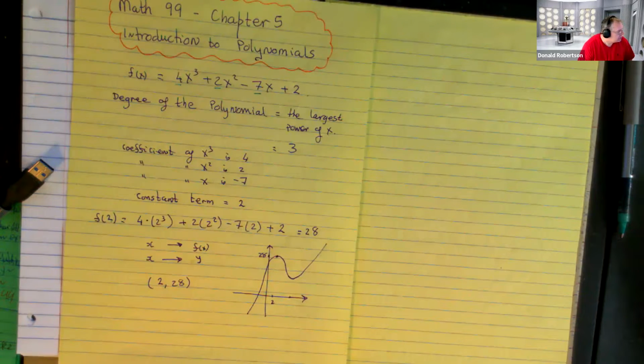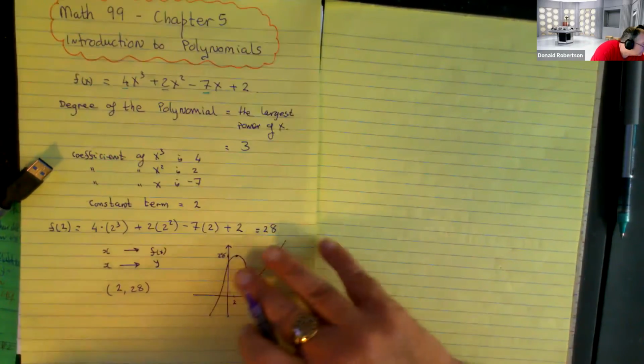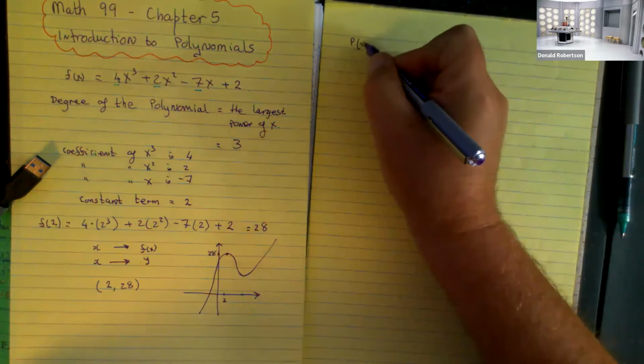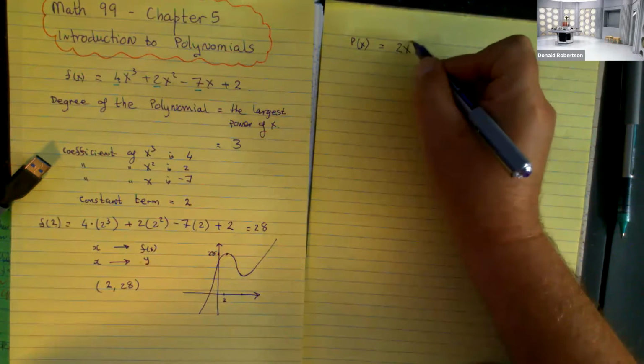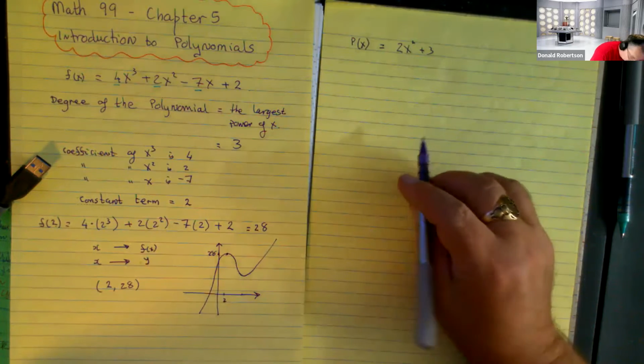Let's move on and look at graphs of various polynomials. For instance, if I gave you a polynomial p of x and it was 2x squared plus 3, then you might want to graph it.